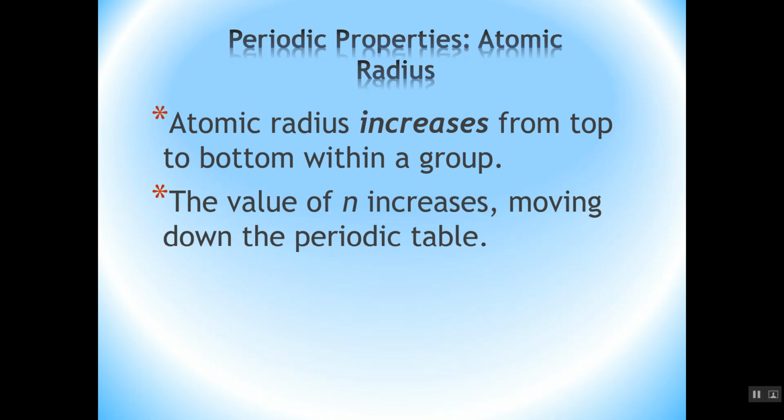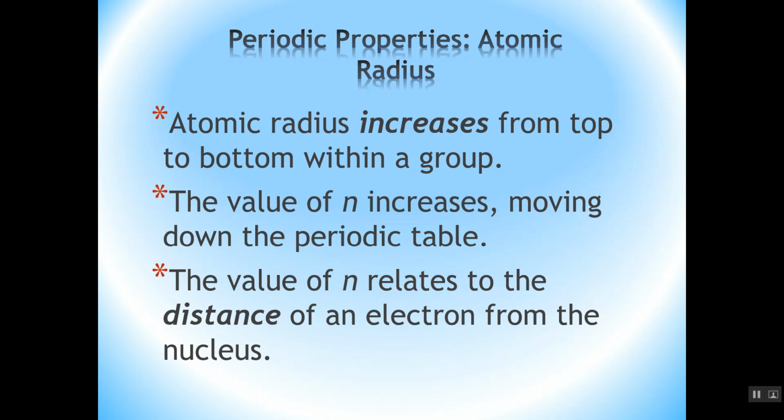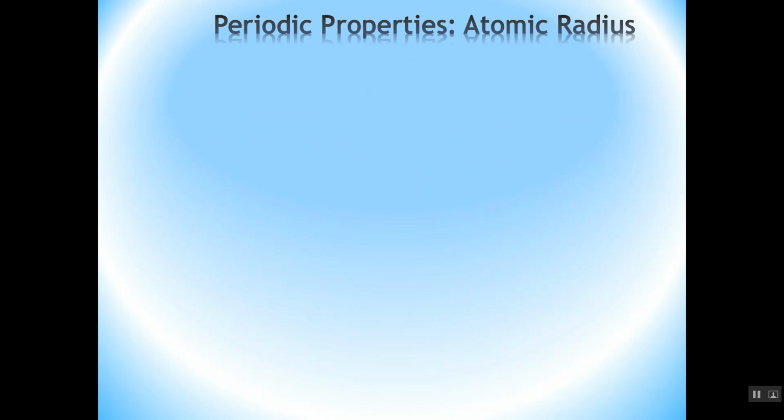That corresponds to an increase in the n value, meaning what period the particular element is in. Within the same group, the elements in the higher period have a greater atomic size, because the value of n relates to the distance between the valence electron and the nucleus of the atom.